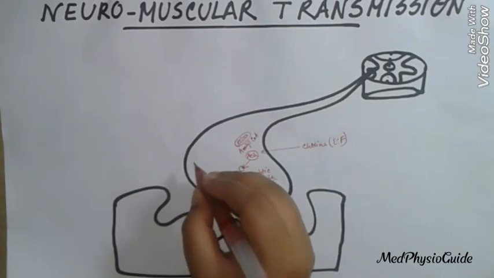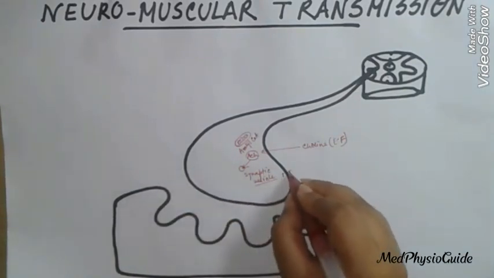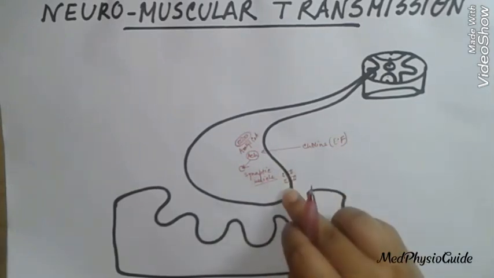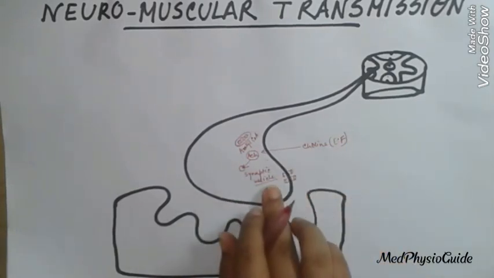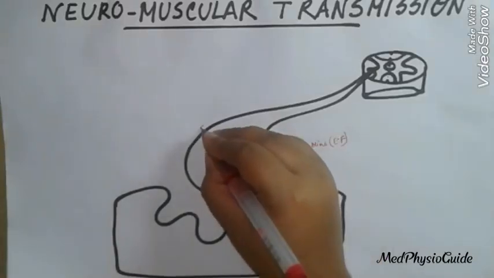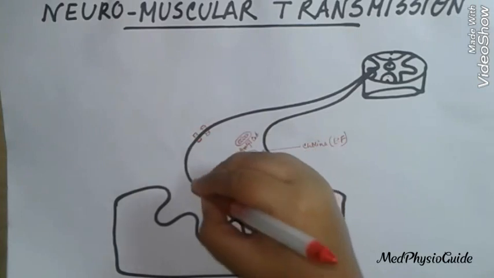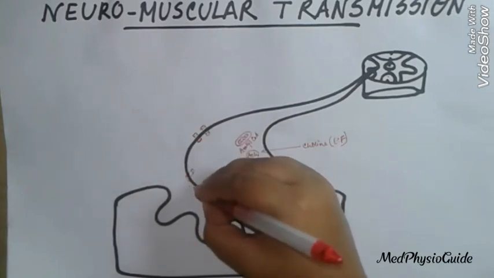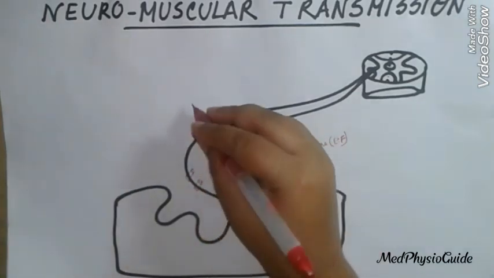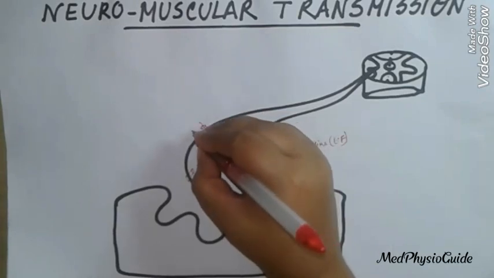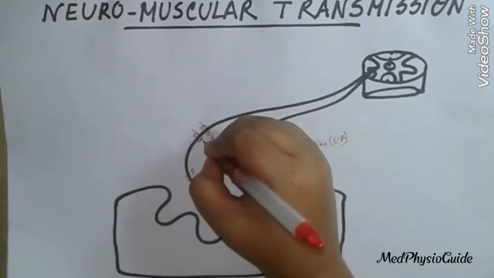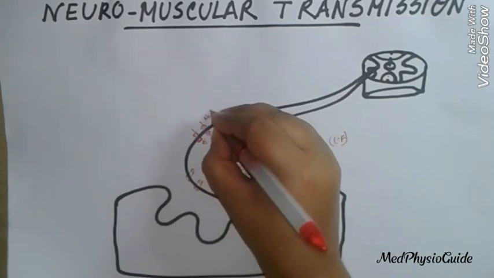These open up, so let's draw the channels up. Yeah, like so. And there are other channels even, like sodium, calcium. Okay, so first what happens is the sodium channels open up and a sodium influx happens and the cell is loaded with sodium.